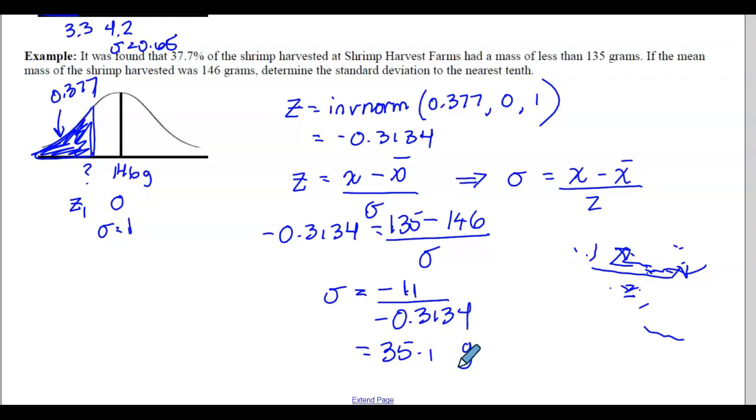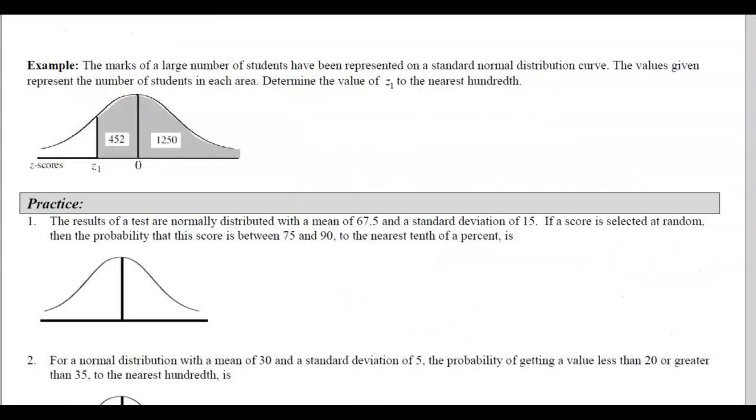One more. Turn over to the last side. The marks of a large number of students have been represented on a standard normal distribution curve. The values given represent the number of students in each area.